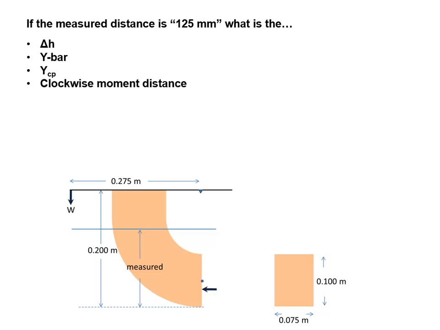And in this example, this YCP distance, that is 2/3 of from here to here. It's 2/3 of the water depth. If it's 70 millimeters, 2/3 of 70 is 46.